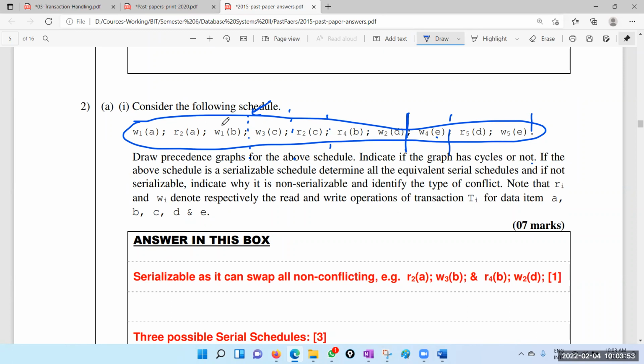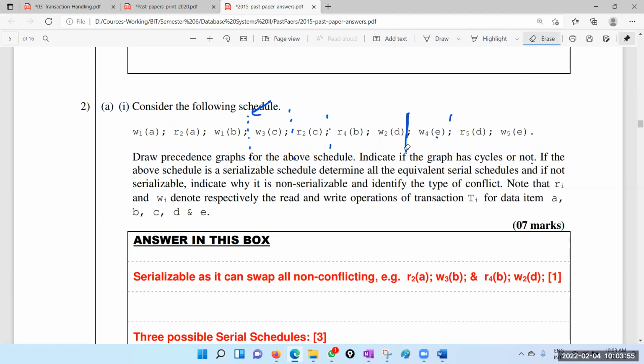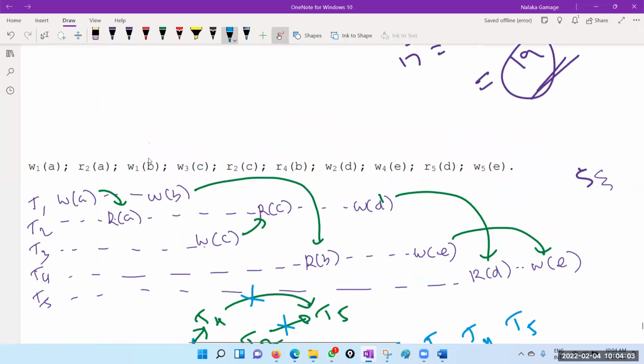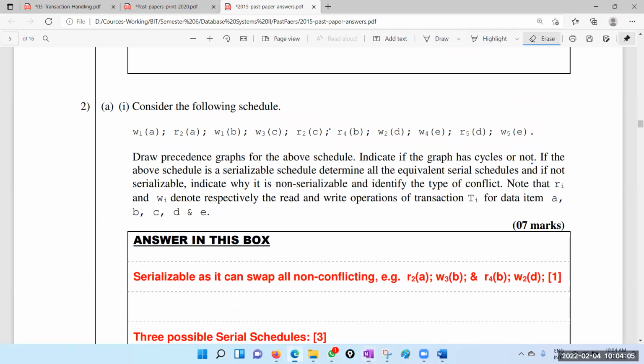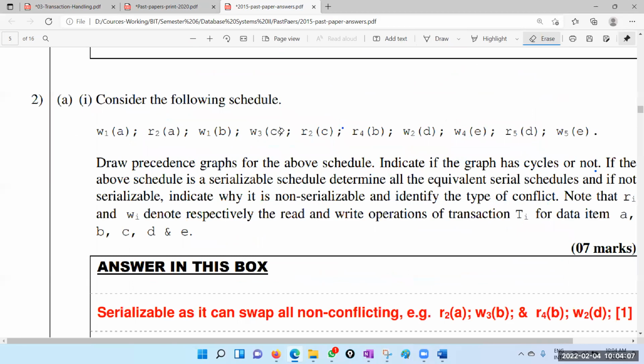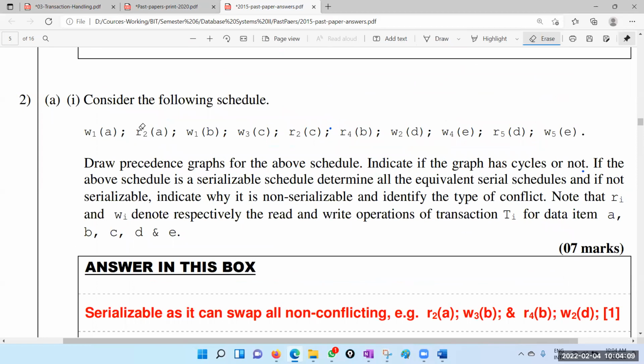Okay, now do it. It is the same transaction. You just have to write it. Use whichever way you are convenient with, but make sure you write in a proper way.